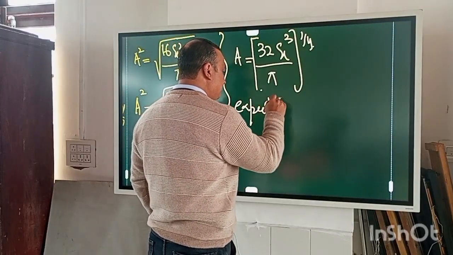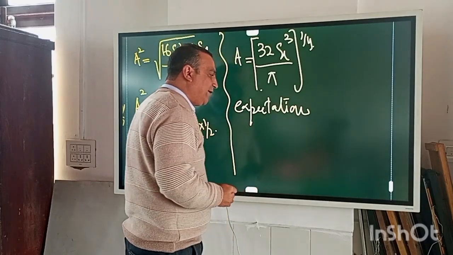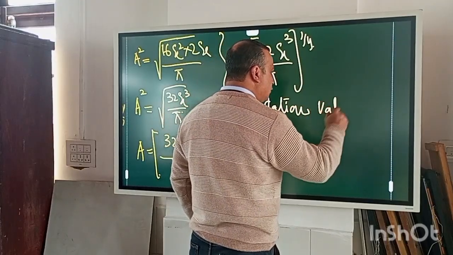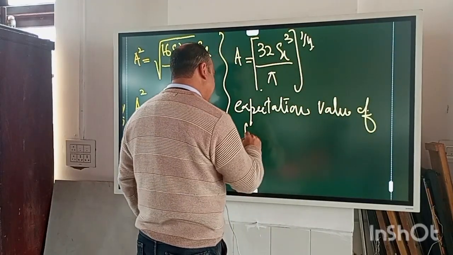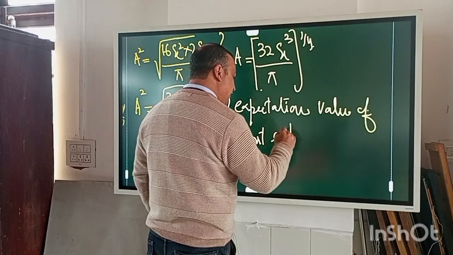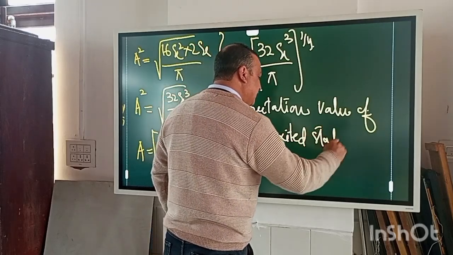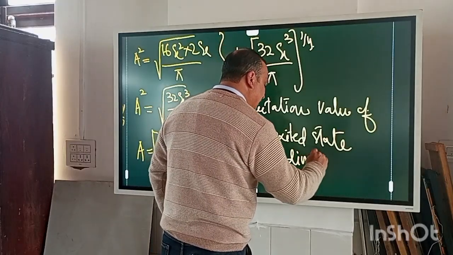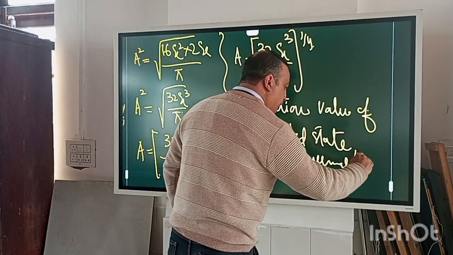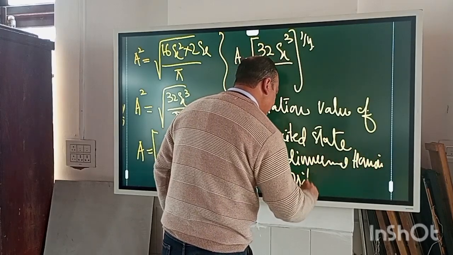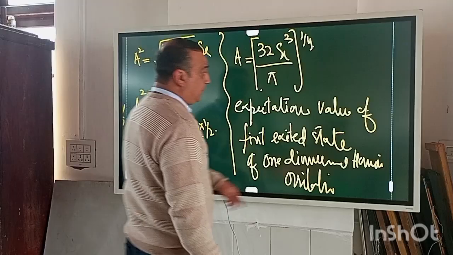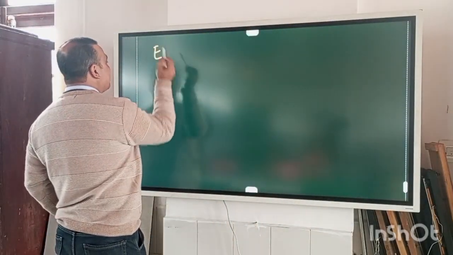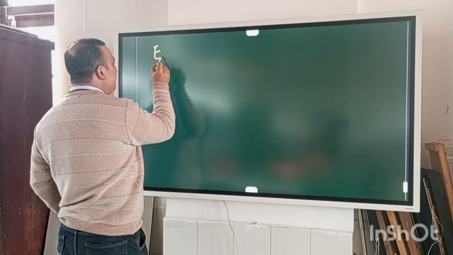We are assuming that our state vector is normalized, and the expectation value of the first excited state of the one-dimensional harmonic oscillator will be simply E. Let me call the first excited state E1.